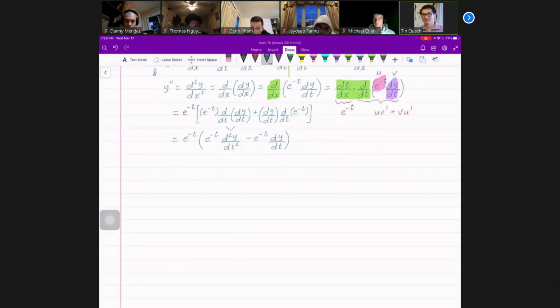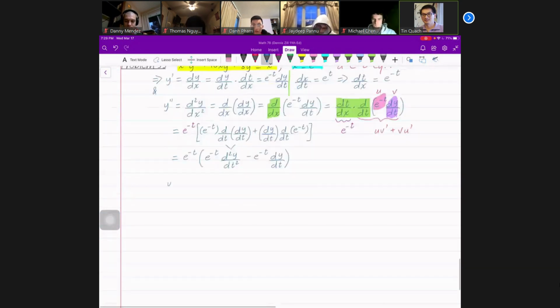Okay, so what is y double prime? So y double prime is, you factor out e to the negative t, so you have e to the negative 2t times the second derivative of y minus the first derivative of y.